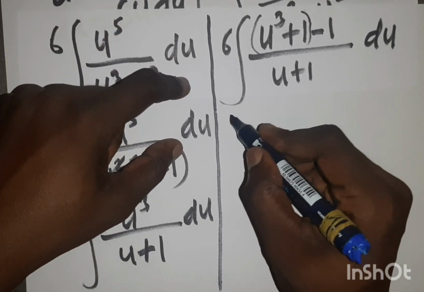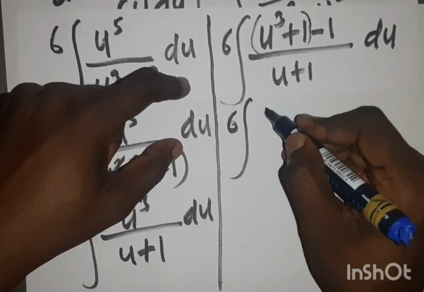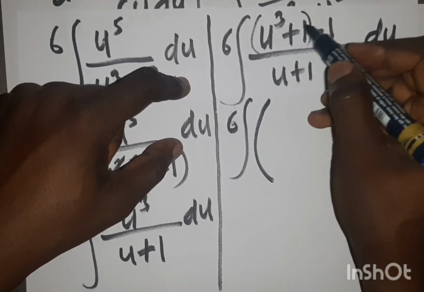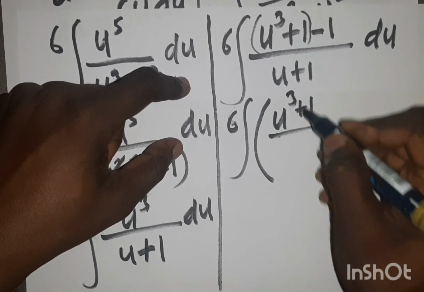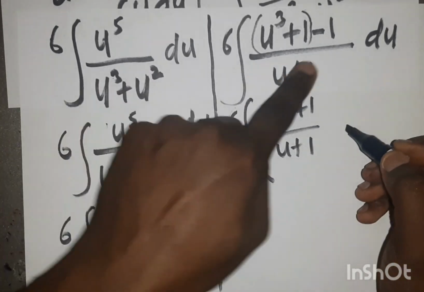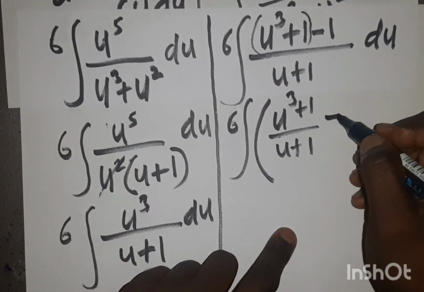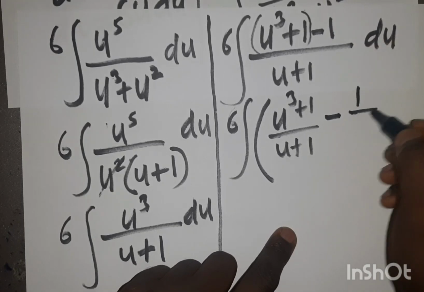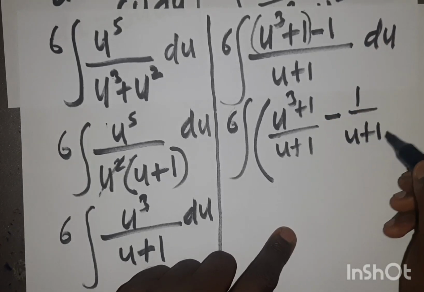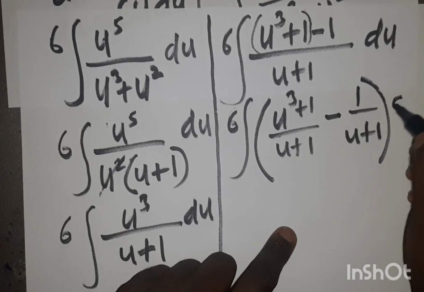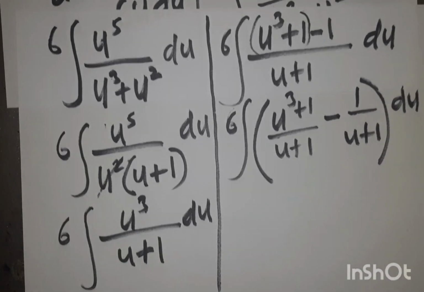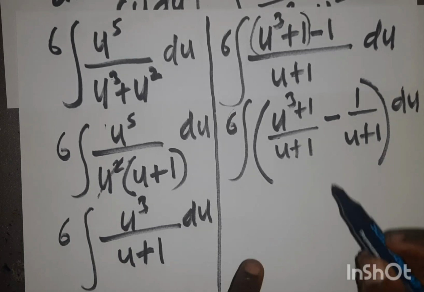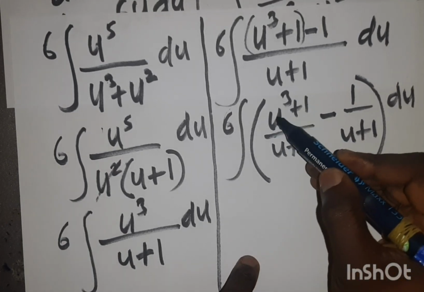And I have 6, and then the integral, open bracket, u raised to the power 3 plus 1 over u plus 1, then minus 1 over u plus 1, close the bracket, and I have the du. So I can still rewrite this particular term here as a sum of two cubes.